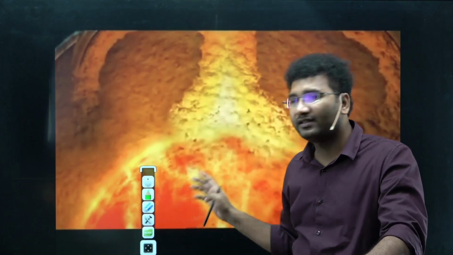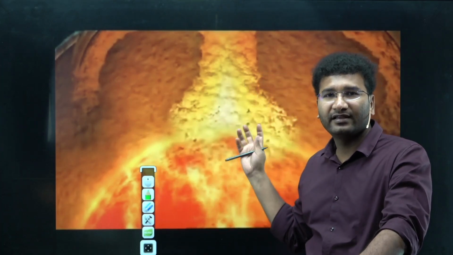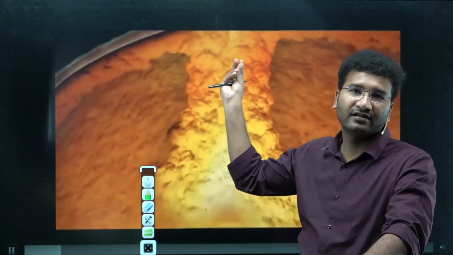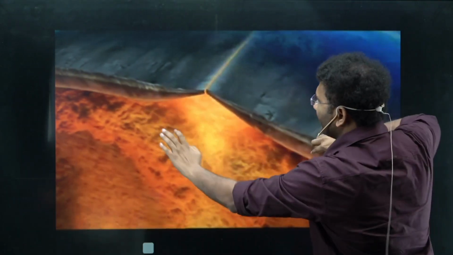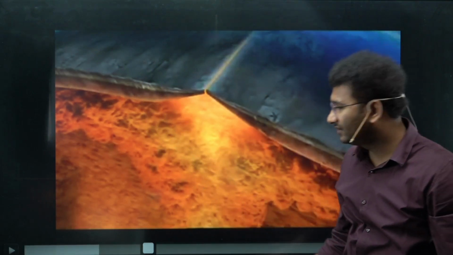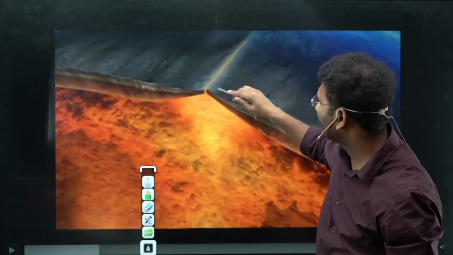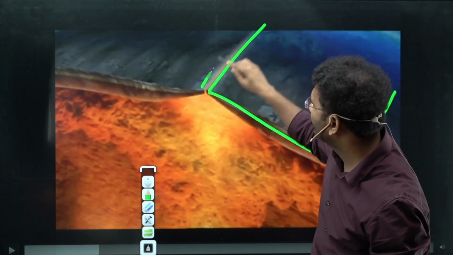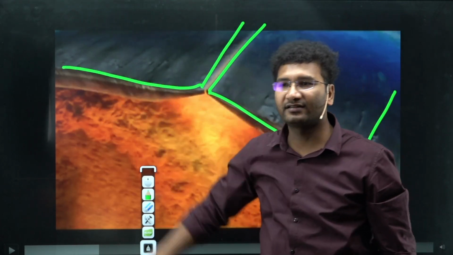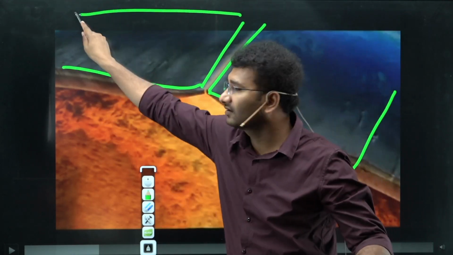Okay? As they rise a little higher and reach near the crust, they try to spread this crust. And this crust gets broken. Okay, this is one crust and this is another crust, right?